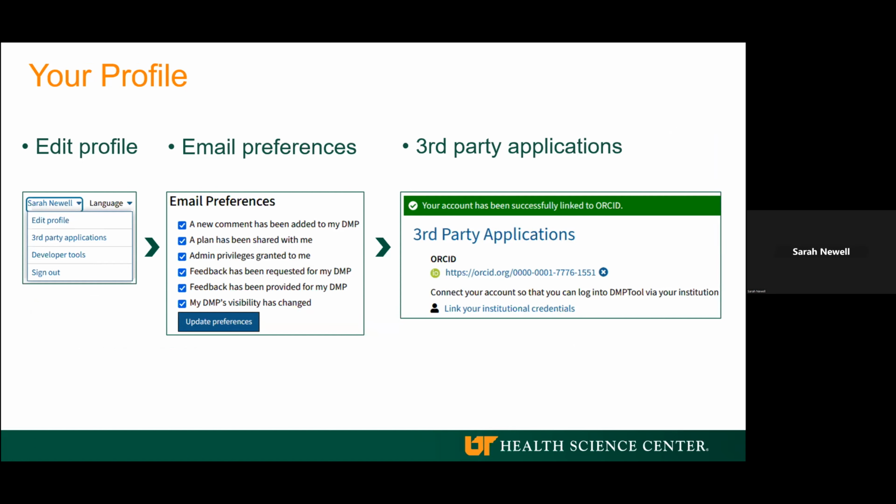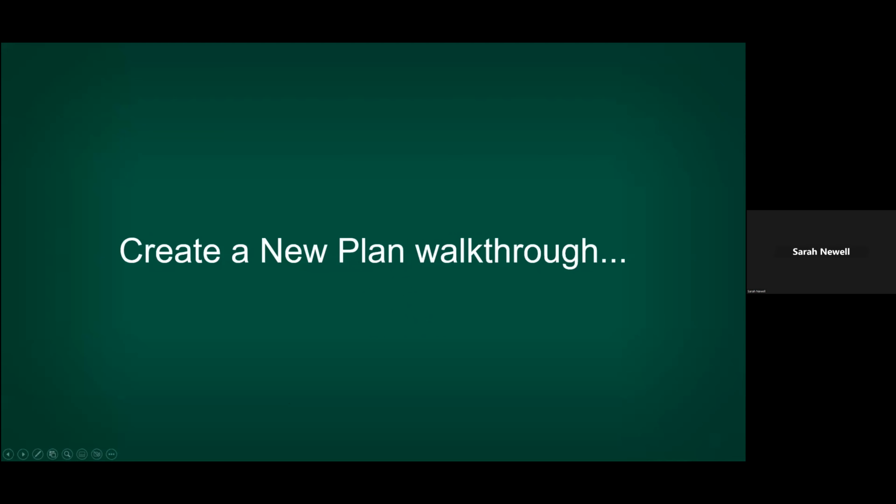DMP IDs are a unique identifier that can be registered and assigned to your completed DMP. ORCID adopted DMP IDs as a resource type. So when you register your plan, the DMP ID is generated and the record is automatically pushed to your ORCID profile page. So now that you have a profile set up, we will create a new plan.